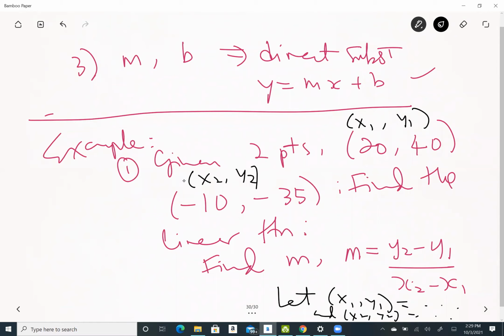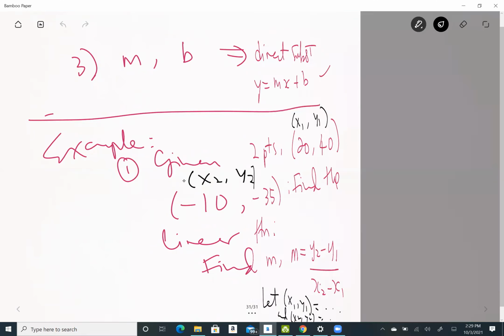You substitute, okay? You substitute, then you will get it. So you have y2, x2, and then y1, x1. So the m is equal to y2 minus y1, okay? y2 is 35 minus 40, the y1, divided by negative 10 minus 20, the x1.